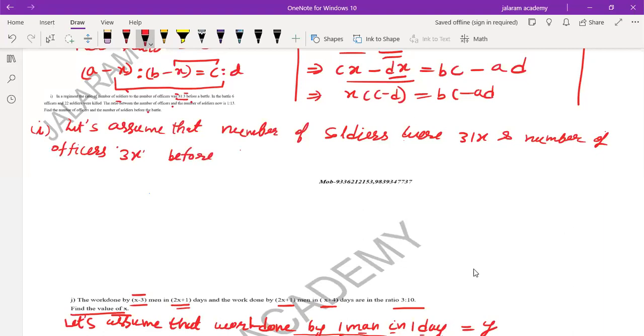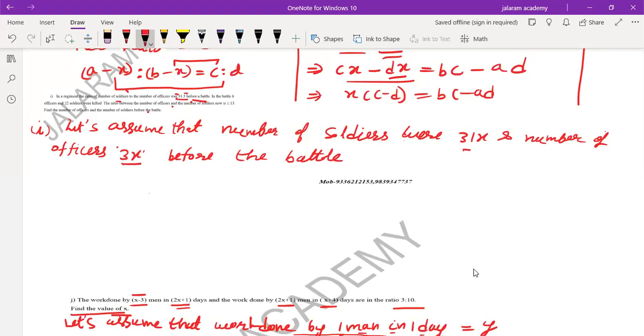Before the battle, it is given that before a battle in a regiment, the ratio of the number of soldiers to the number of officers is 31:3. So if we assume that the number of soldiers were 31x, it means the number of officers were 3x.